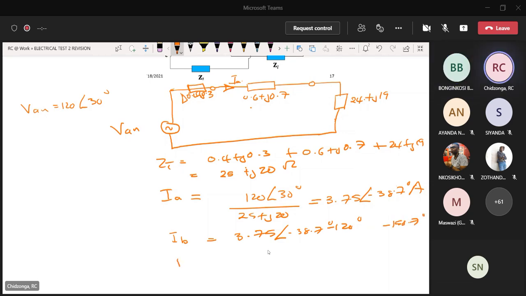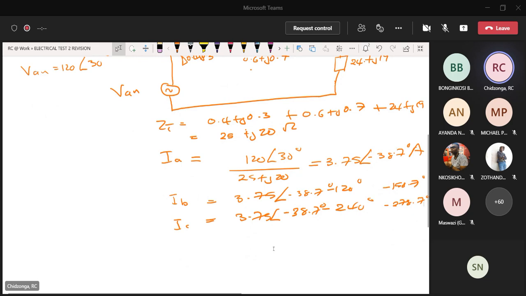For IC, it will be the same magnitude, 3.75 at minus 38.7, but it will be minus 240 degrees from that. So you add again, that will give you minus 278.7 degrees. Those are the three currents which you have to write.